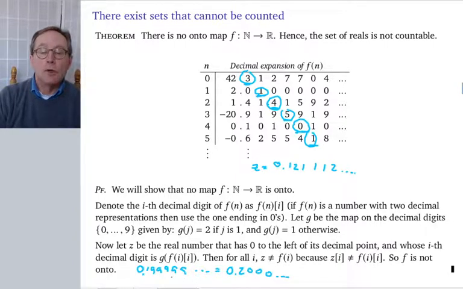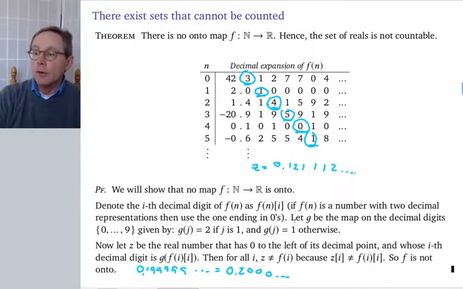So the only way you can have 2 representations is if one of the 2 representations ends in 9s. So all we got to do is avoid this ending in 9 nonsense. And that's exactly what happens here, I don't ever deal with 9s and zeros, I deal with 1s and 2s. So the number that I produce is going to deal with 1s and 2s, no 9s and zeros, so I never have to worry about the dual representation issue because in decimal it only happens with 9s and zeros.